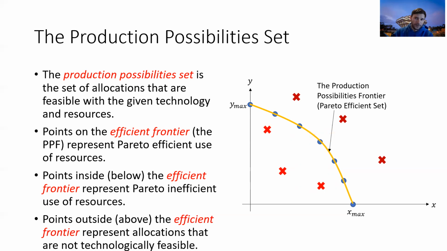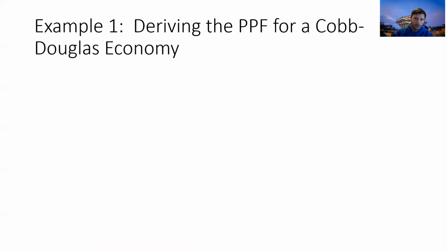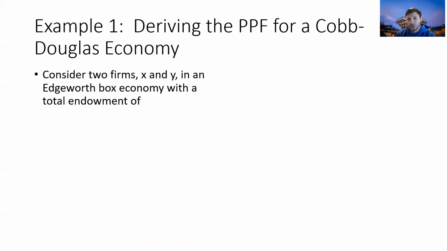But what I would like to do first is to go through an example where we have these smooth Cobb-Douglas technologies, and we're going to derive a PPF, and we're going to think about how properties of the underlying technology may influence the shape of the PPF, of the production possibilities frontier, and as a consequence, the underlying production possibilities set, the interior and the boundary of that frontier.